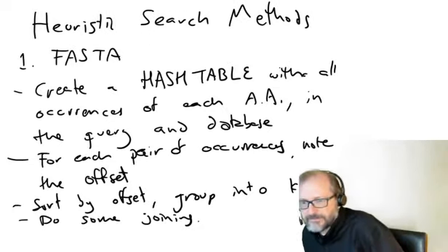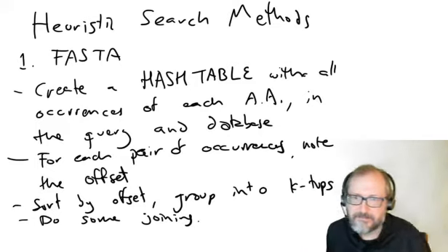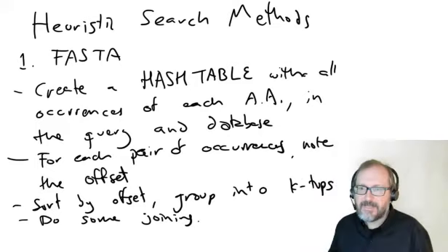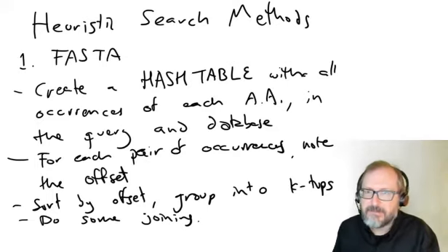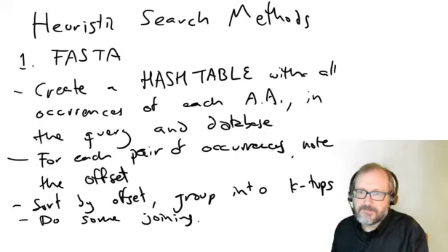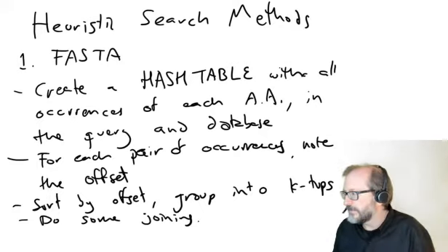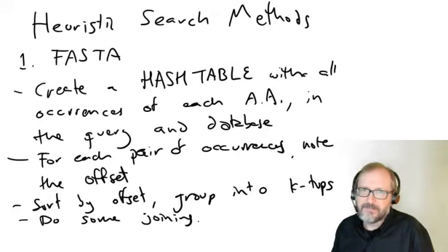So an early method to do this was called FASTA, and the way it works is it creates a hash table with all occurrences of each amino acid, each of the 20 amino acids, both in the query and the database. So doing this in the query wouldn't take very much time, but doing this over an entire database, again, of hundreds of millions of sequences, that could take quite some time.